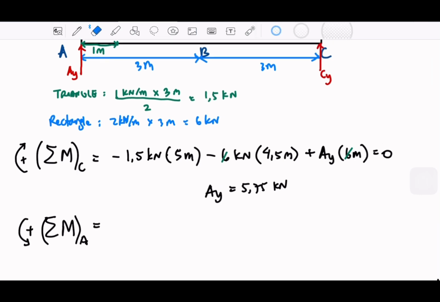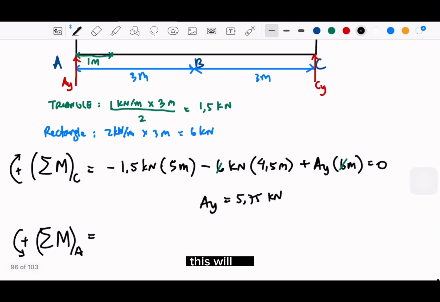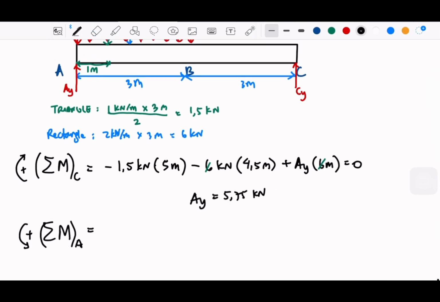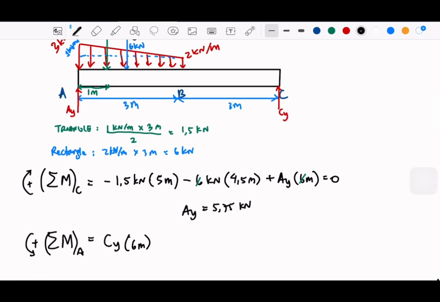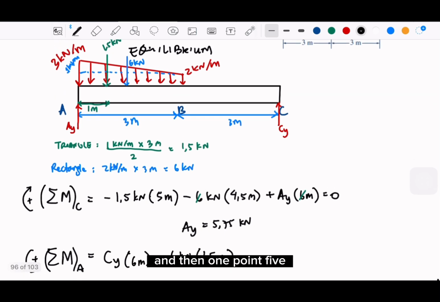So at A, this will be CY 6. And then what else? 6, 1.5, and then 1.5.